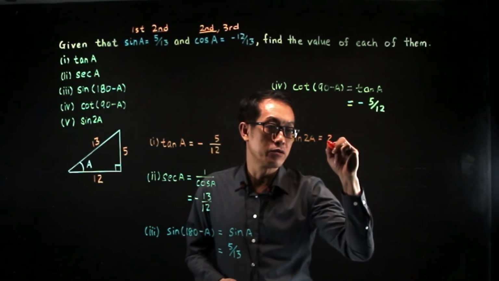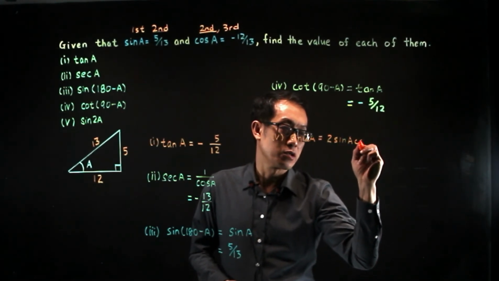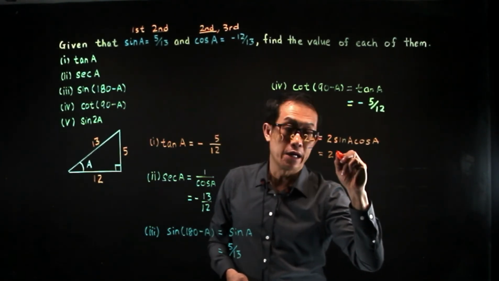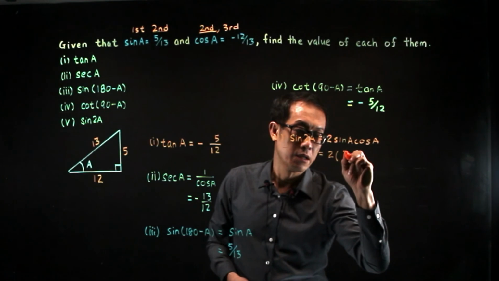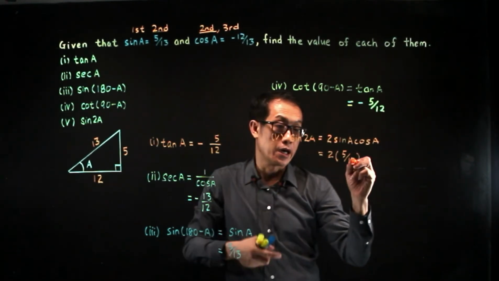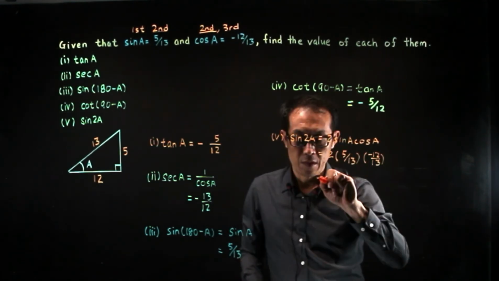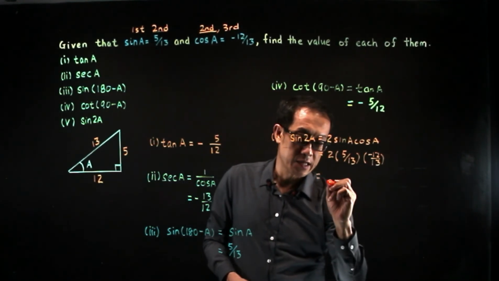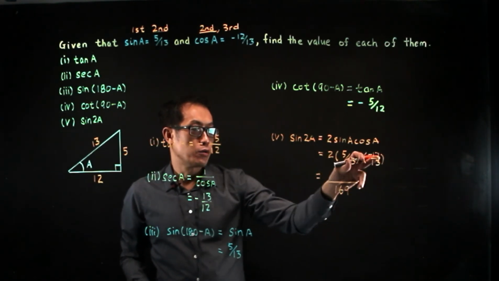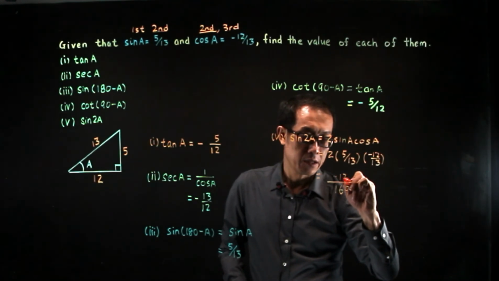Sine 2A will be equal to 2 sine A times cos A. So we simply substitute sine A as 5 over 13 and cos A as minus 12 over 13. 13 times 13 is 169. And if you use a calculator, you'll find that the numerator is minus 120.